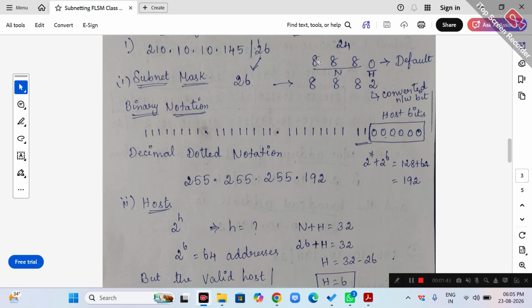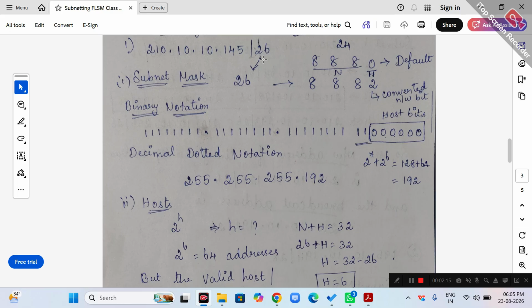By default the first 3 bytes, 24 bits, are network bits. Now 2 host bits are converted to network bits, total 26 bits. The remaining 6 bits are considered host bits. The host bits are reduced from 8 to 6 to avoid the wastage of address space.